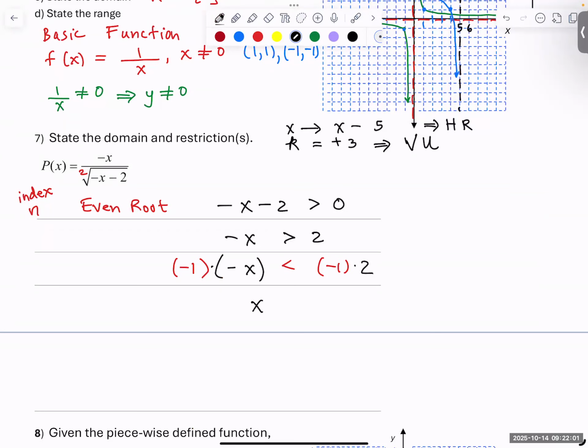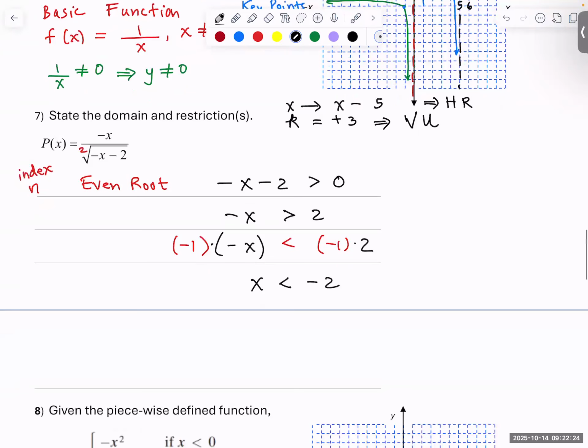So x must be less than -2. The numerator, -x, can be any real number, negative, 0, positive, but the denominator input for x, so that the square root is a positive number and not equal to 0. This is the domain here, which also can be expressed -infinity, comma to -2 with interval notation.